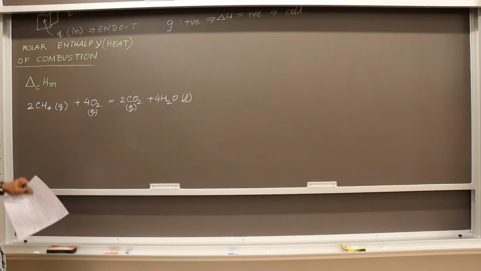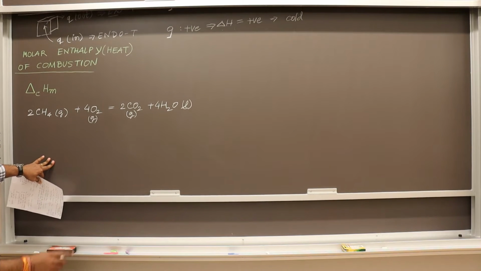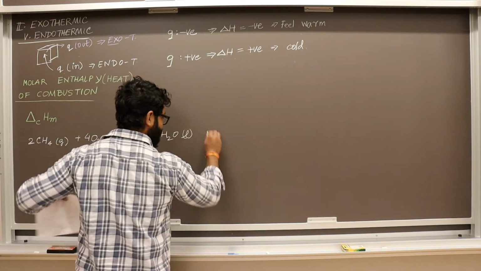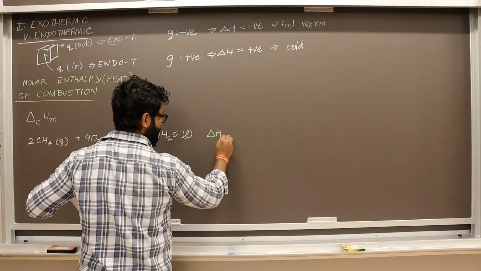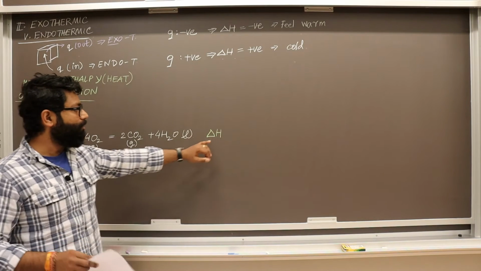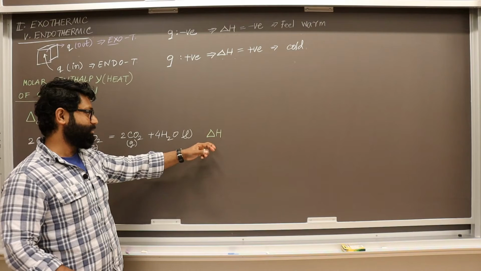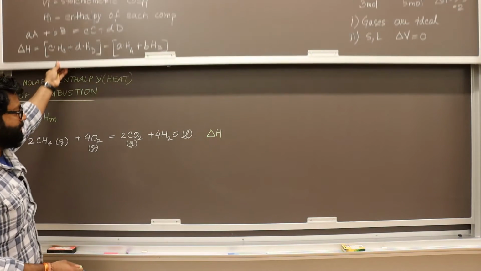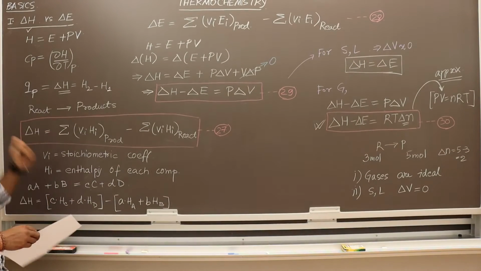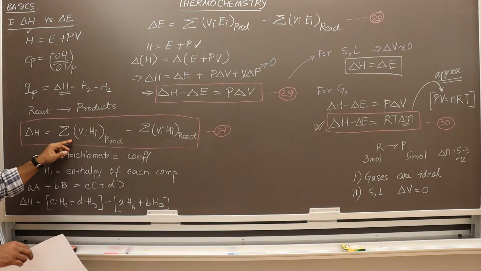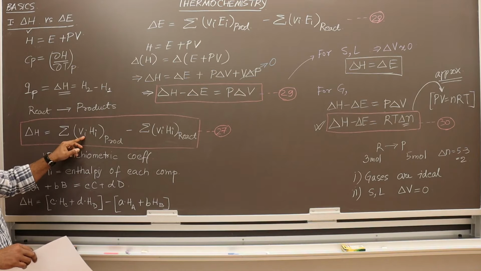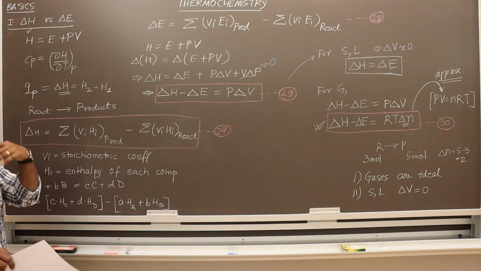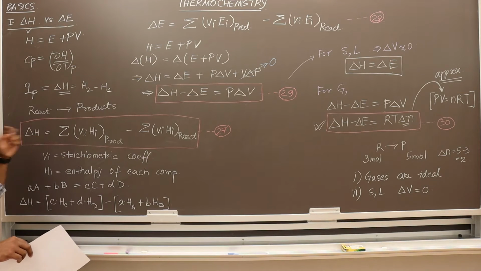Now, the amount of heat exchange in this reaction: we saw how we can calculate the delta H. What does delta H mean? If you want to calculate the delta H of that reaction, you just have to use this. You know the stoichiometric coefficients, and if you know the enthalpies of the individual reactants and the products, you can calculate the delta H of that reaction.